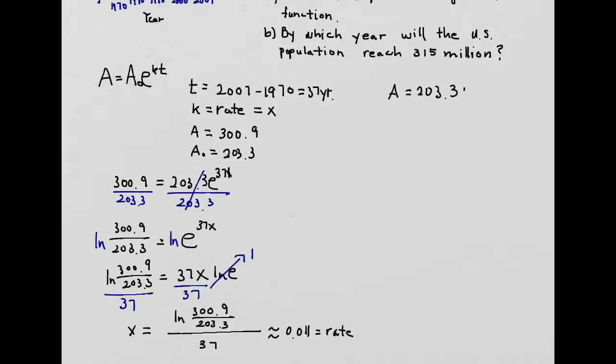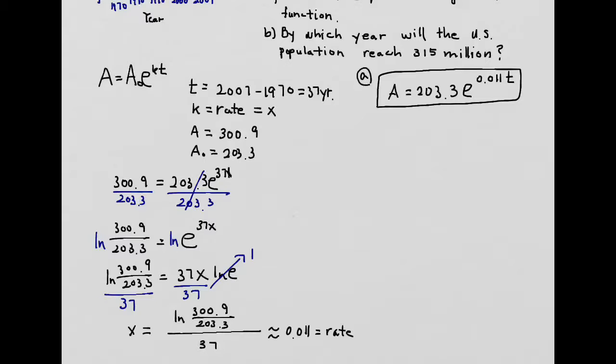Your ending amount A will change depending on the time, how long you're looking at it, right? And K is the rate that we just found, and time is another factor that can change. So this is the formula for this given problem. That's the A part.